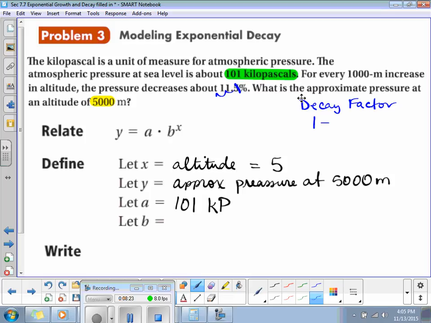So that's going to be 0.115, and when you subtract that, you get 0.885. That is your decay factor, and that is your B, 0.885.